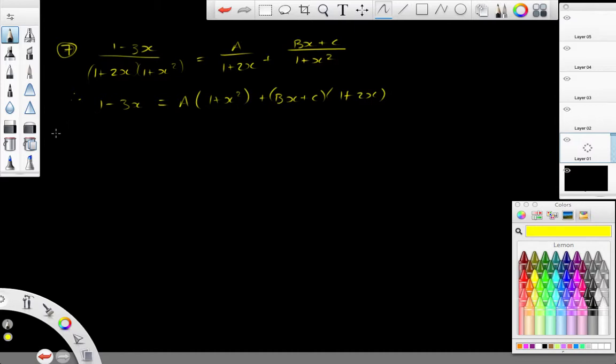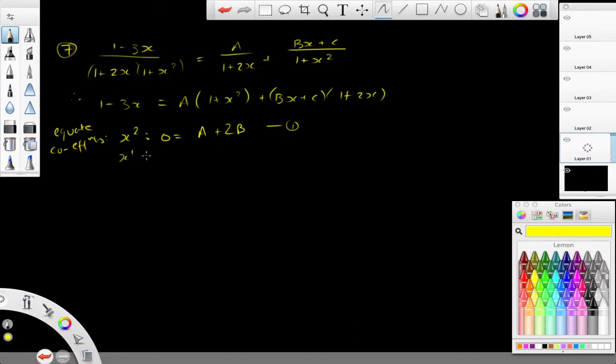If you equate coefficients, remember there's two different ways you can do this, but if you equate coefficients, if you equate the x squareds, you're going to get 0 equals A plus 2B, so I'll call it equation 1.